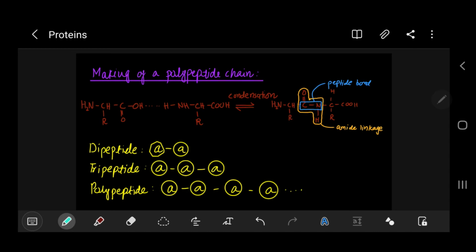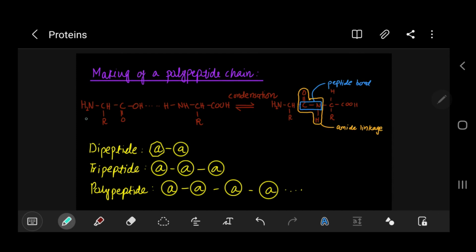Now let's see how we make a polypeptide chain from amino acids. To make a polypeptide chain, let's first understand how we make a dipeptide, or two amino acids connected.